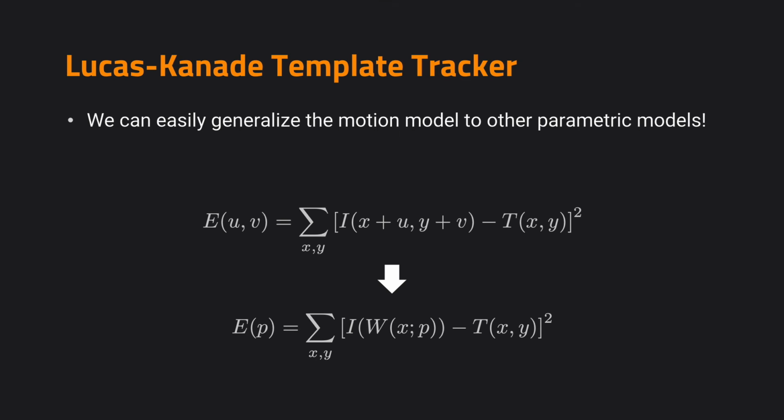Building on this idea, we can consider a parameter p for the warping, so that after the warp of the source image, it can look exactly the same as our target image. This warping can represent a wide range of parameter spaces, and translation is a special case, where the warping is just the addition of x plus its parameters.